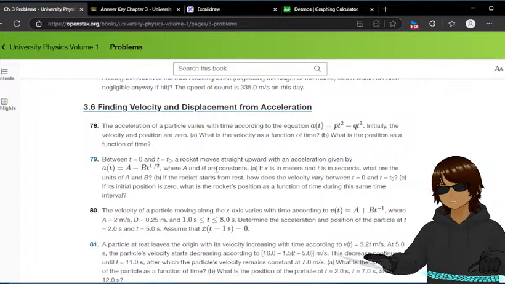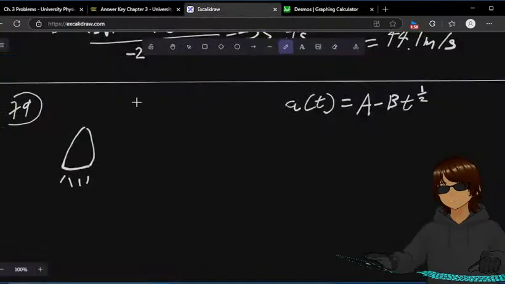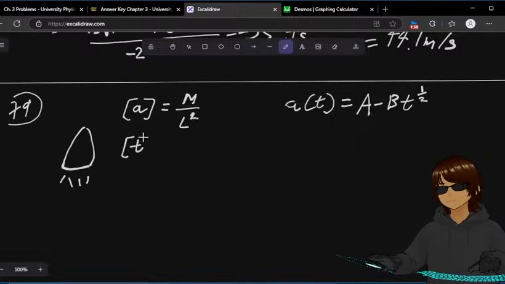Wait, a and b are constants. If x is in meters and t is in seconds, what are the units of a and b? A is meters per second squared.